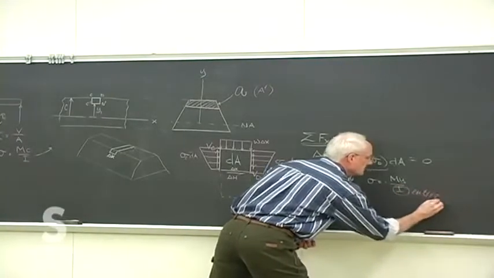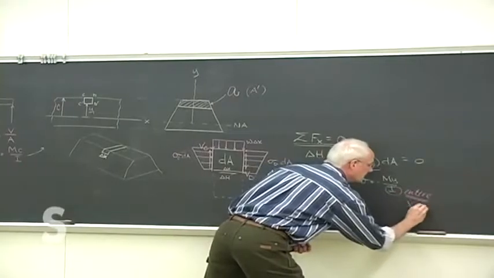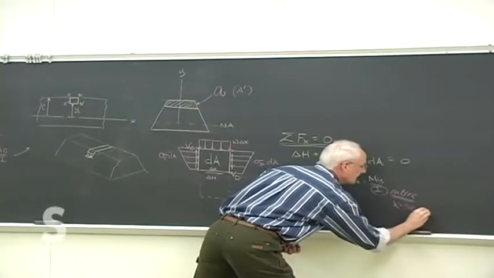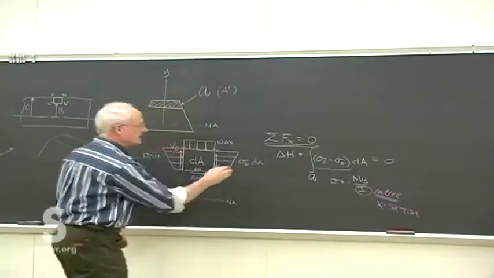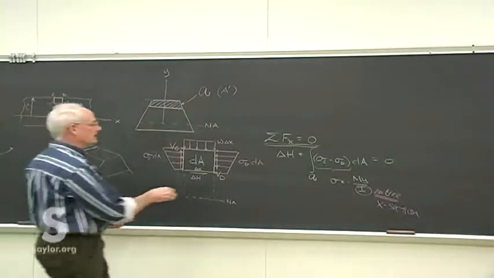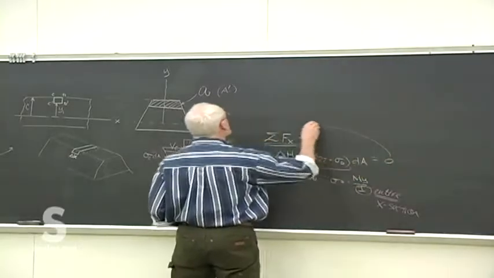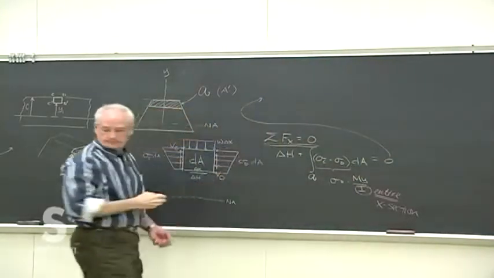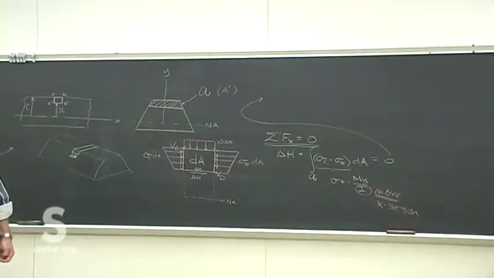So this is for the entire cross-section here, that I. But that's what we established last week, so that's nothing new. But we can put that in here so that now we can solve for this delta H.